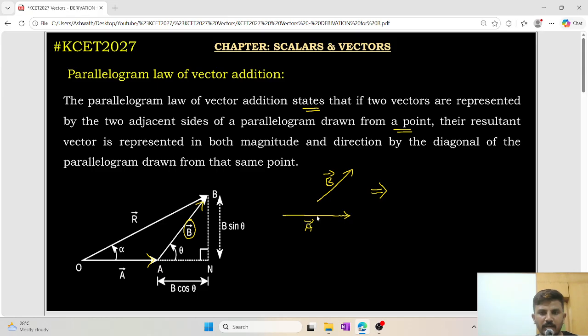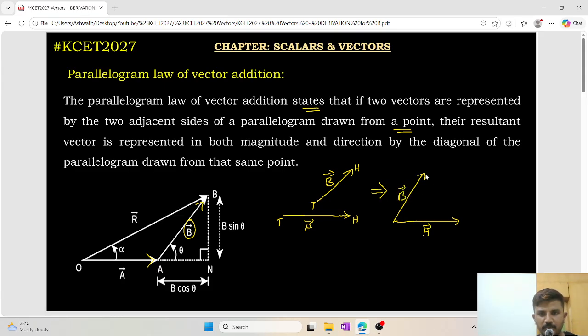In case of the parallelogram law of vector addition, we join the tails of the two vectors. This is the head of vector B and this is the head of vector A. So if you join the tail of vector A with the tail of vector B, you will get this.